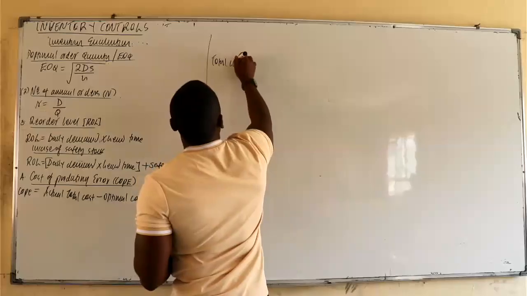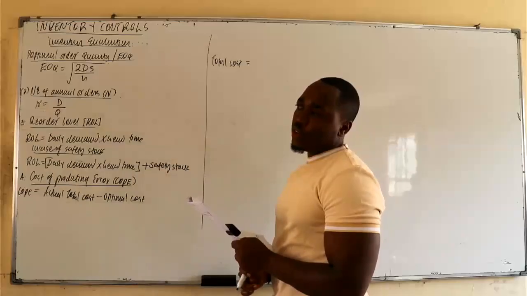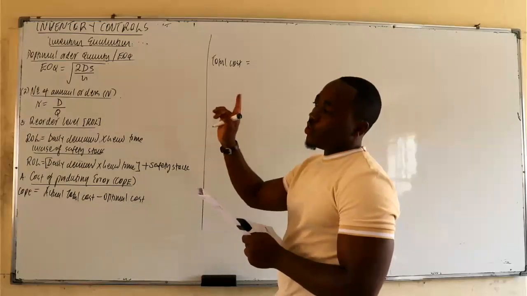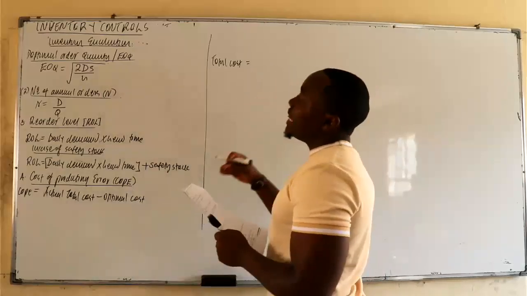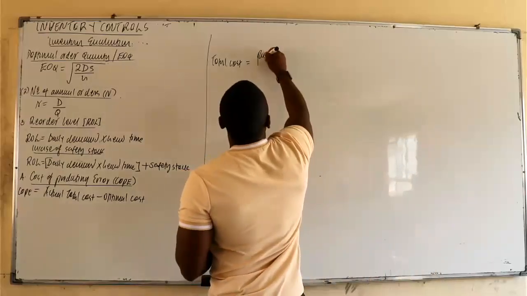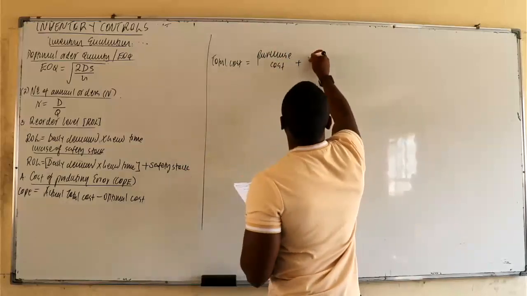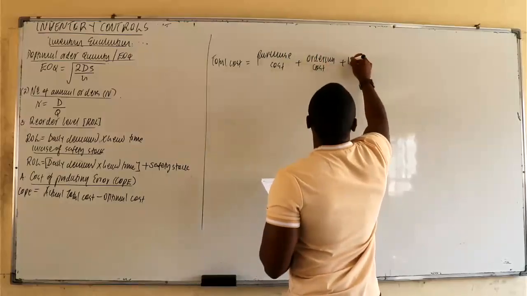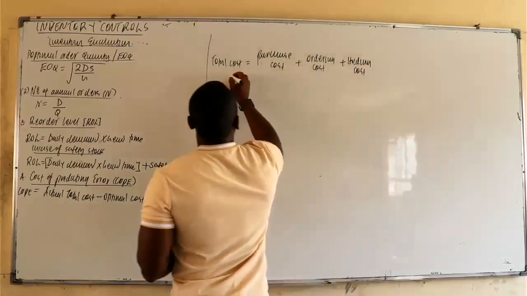So to get the total cost, we have said that we have 4 inventory-related costs. One is the purchase cost, ordering cost, holding cost, and the shortage cost. But under deterministic EOQ, there is no shortage cost because the demand is well known in advance. So therefore, the total cost will be made up of the purchase cost plus the ordering cost plus the holding cost.